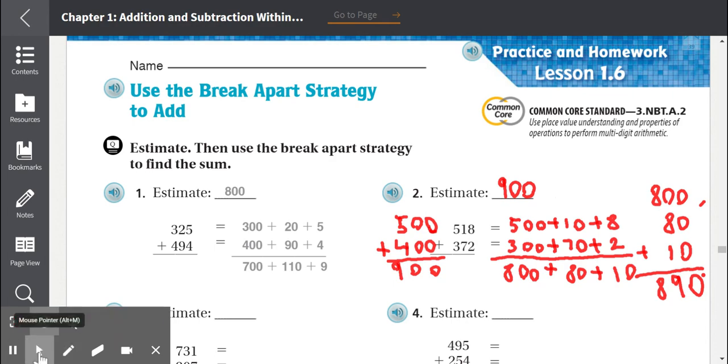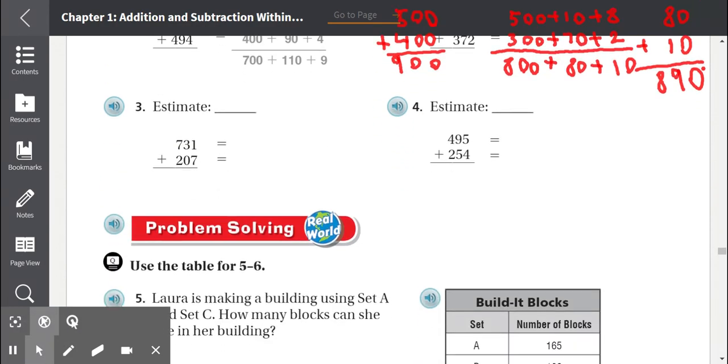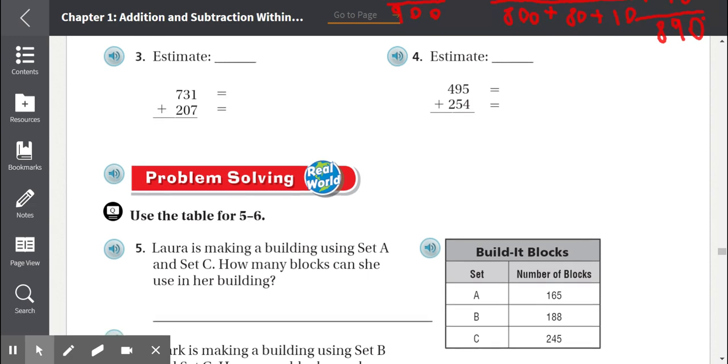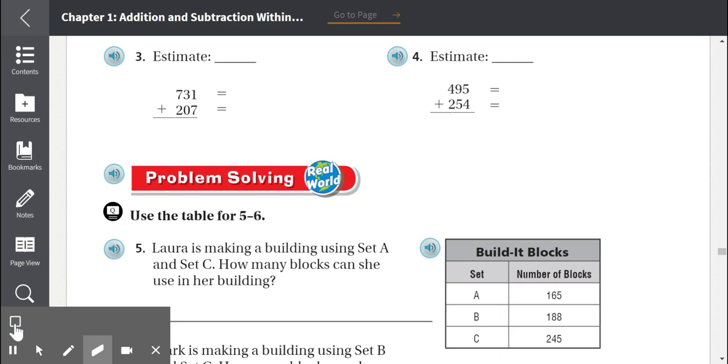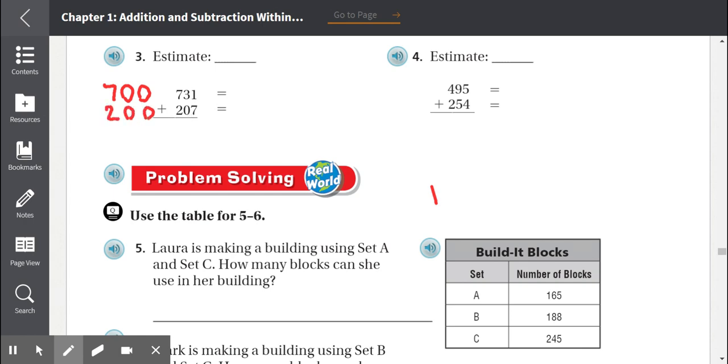Number 3. 731 plus 207. So let's estimate first. 731 is between 700 and 800, but it's closer to 700. 207 is between 200 and 300, but it's closer to 200.